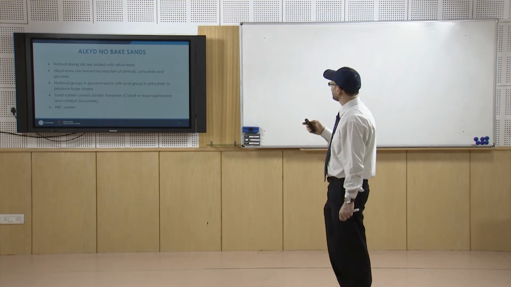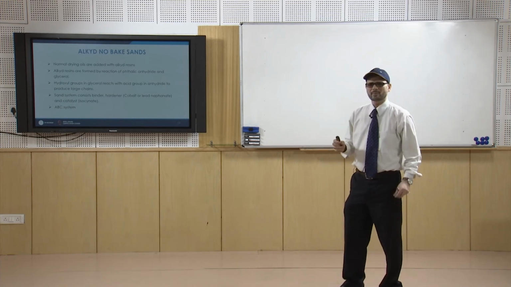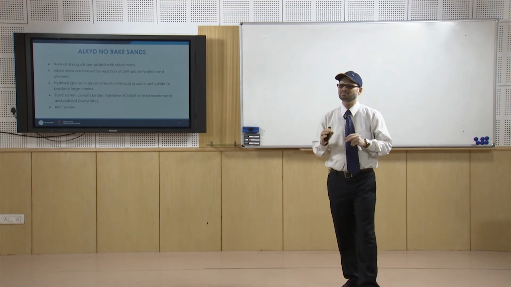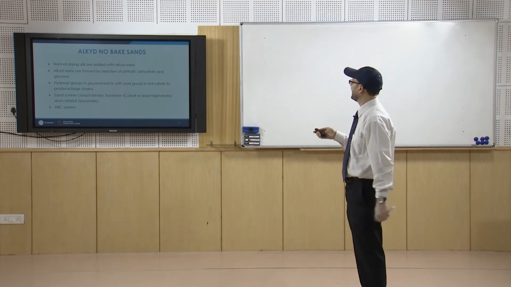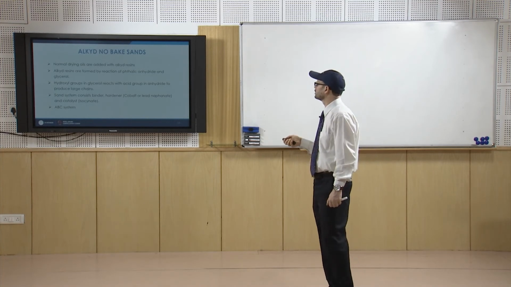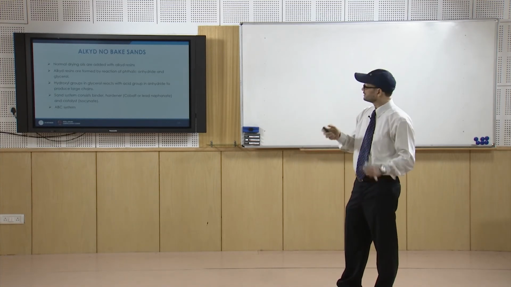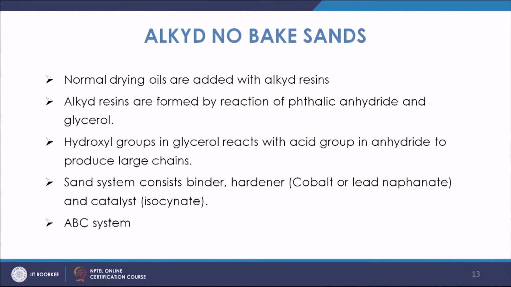They are formed by the reaction of phthalic anhydride and glycerol. Basically they are reaction products of petroleum, byproducts of petroleum making. What happens is that the hydroxyl groups in the glycerol react with the acid group in the anhydride to produce large chains.